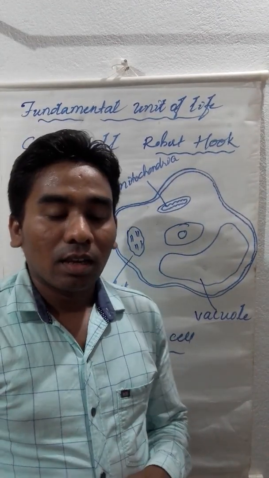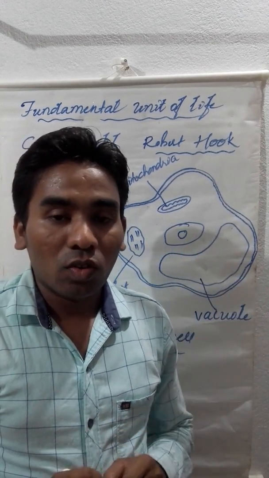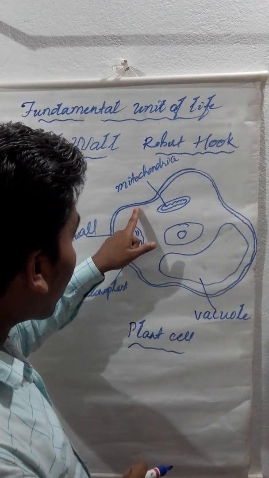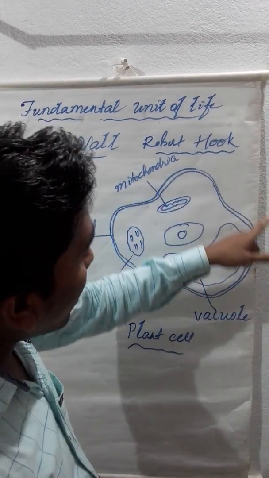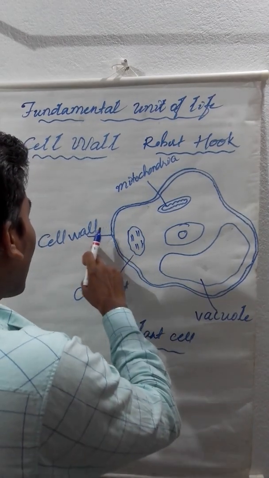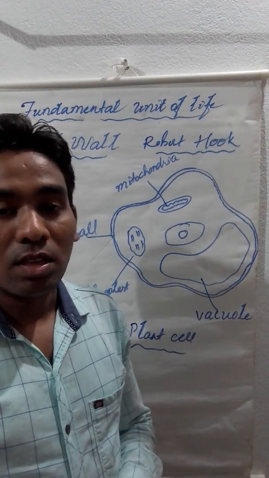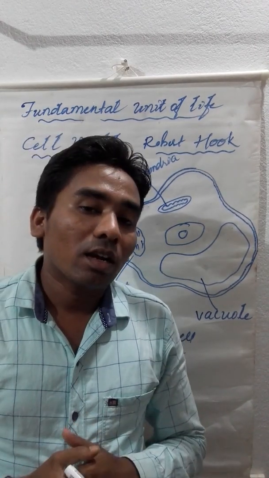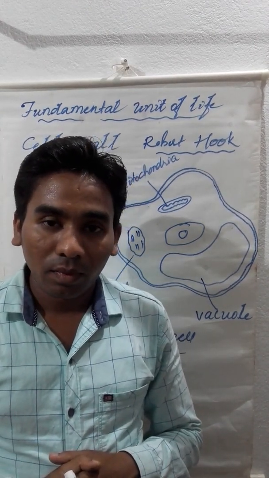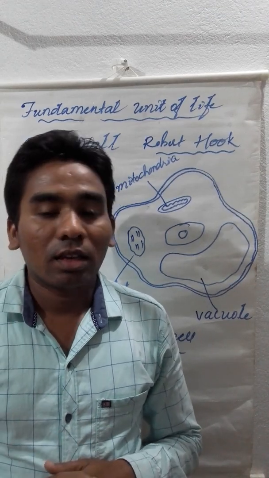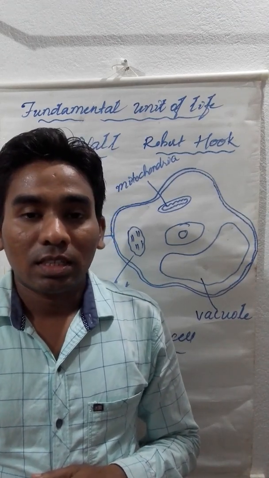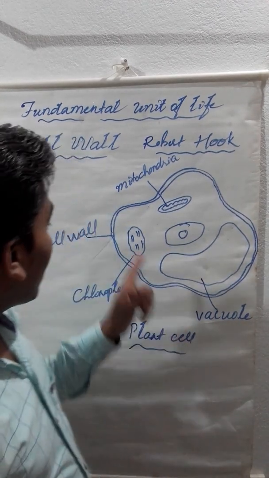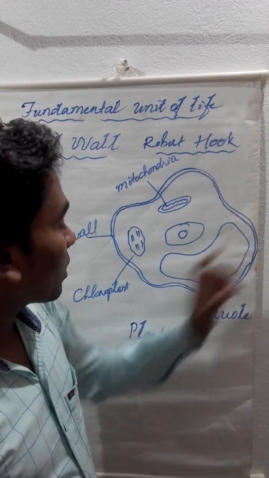In the animal cell, the outer membrane is known as your cell membrane, but an extra membrane which again covers the plant cell, that is known as your cell wall, and it is a rigid covering outside the plant cell. It is non-living substance, and it is composed of so many cellulose particles.